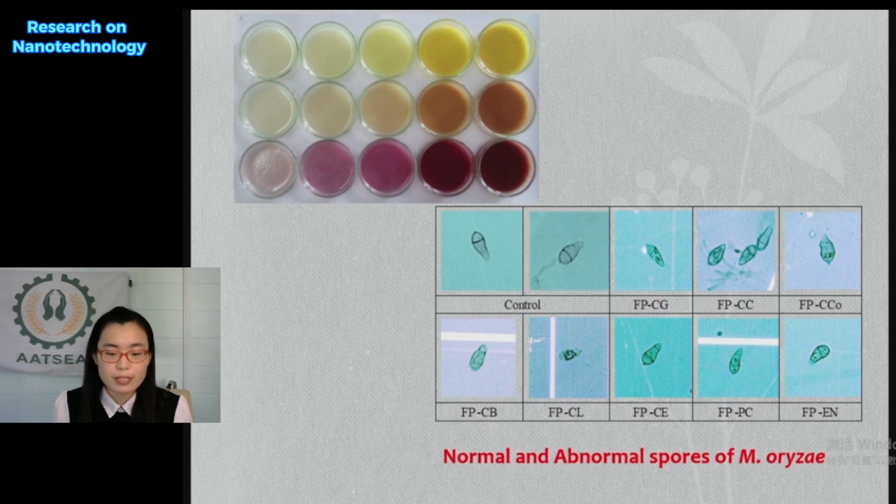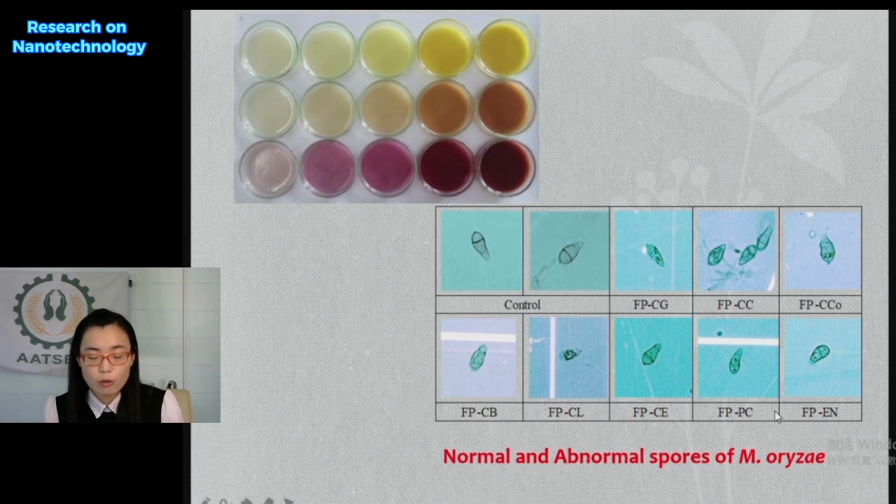And we also tested in vitro on the RFA media for culturing Magnaporthe oryzae. You can see in the photo, in the control plate we see only normal spores, but in the treatment by nanoparticles, we found a lot of abnormal spores. You can see in the photo that the cell wall of the spore was destroyed, and you can see clearly we tested different kinds of nanoparticles.